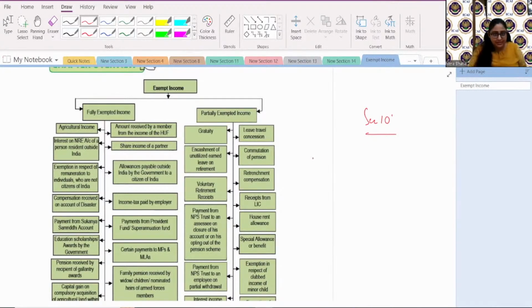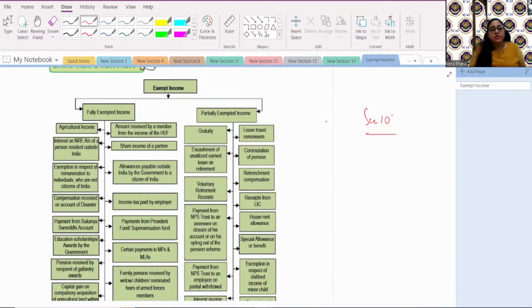But since you're at inter level, number one, there are just listed exemptions which are given in your module, only those exemptions which you have to cover. There are many exemptions. The same chapter would be extended a bit when you are in the final level. You will see the first three chapters are same in the final also. The names are same, but yes, the coverage has been extended at the final level.